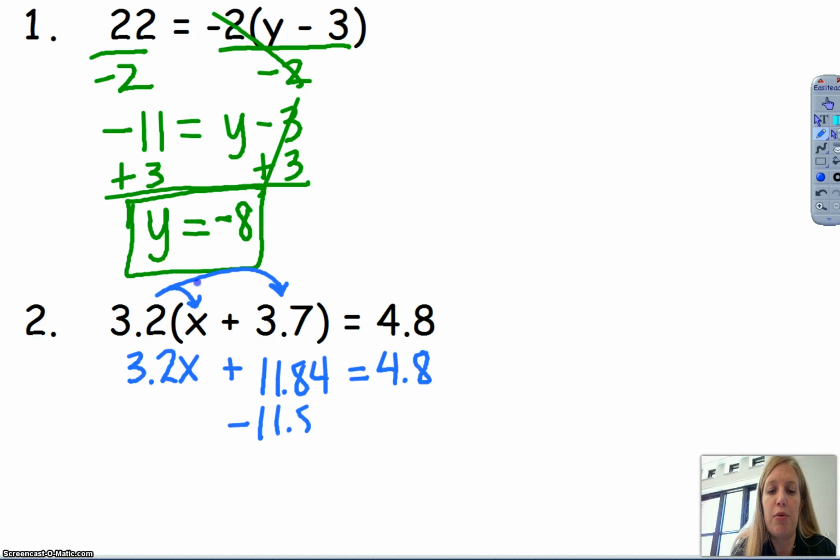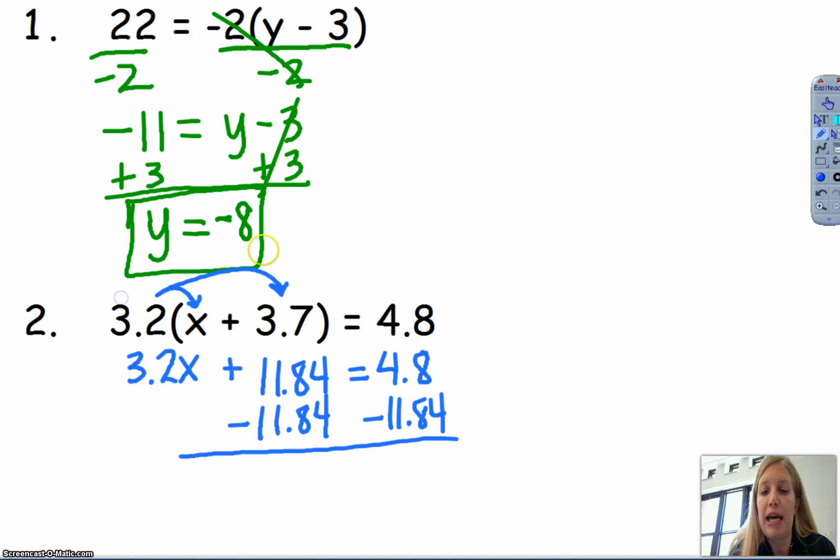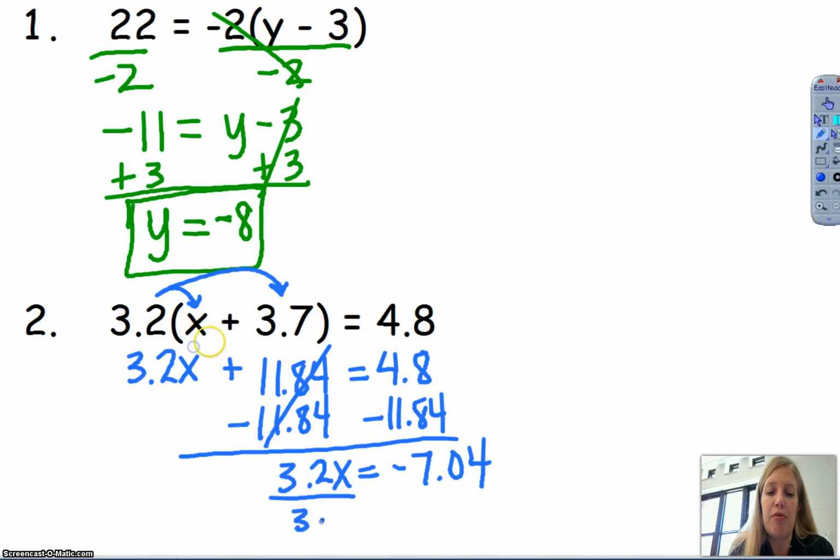We subtract 11.84 from both sides. Remember, if you don't have a calculator, your decimals should line up. 3.2x equals, when you do 4.8 minus 11.84, you get -7.04. Divide both sides by 3.2. Cancel out. X equals -2.2.